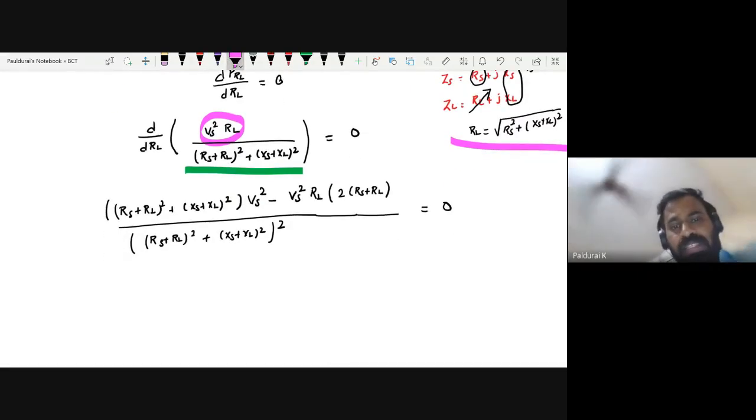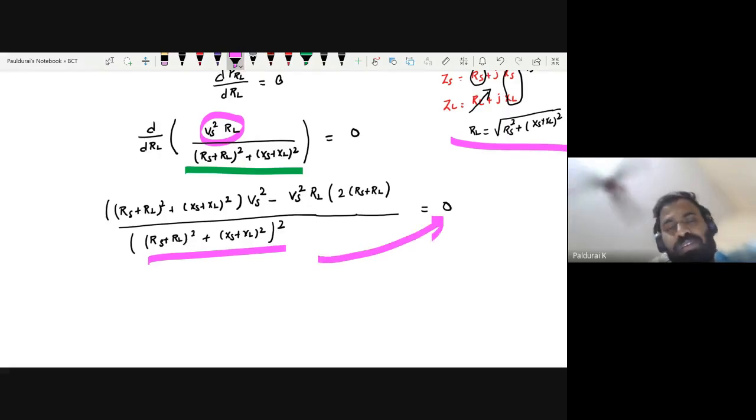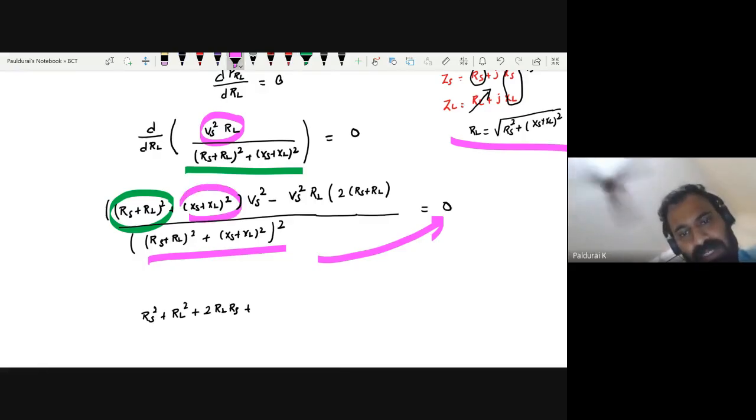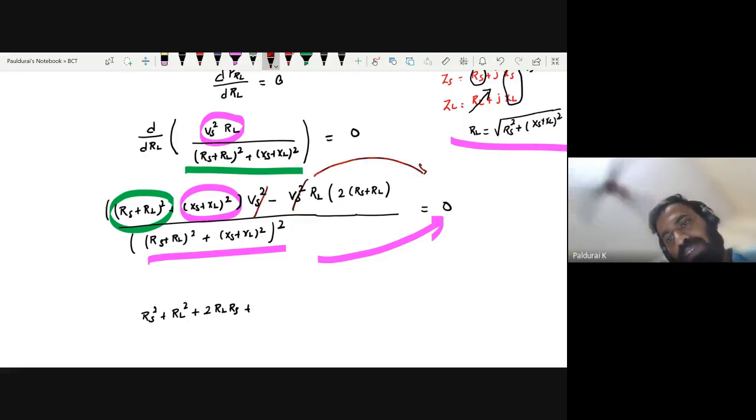Now bring this term to the right hand side, it becomes 0. So what else remains? This is Rs plus RL the whole square. What is the formula? A squared plus B squared plus 2AB. Plus keep this one as it is, don't change. And take Vs squared as common and bring this Vs squared also to the right hand side.